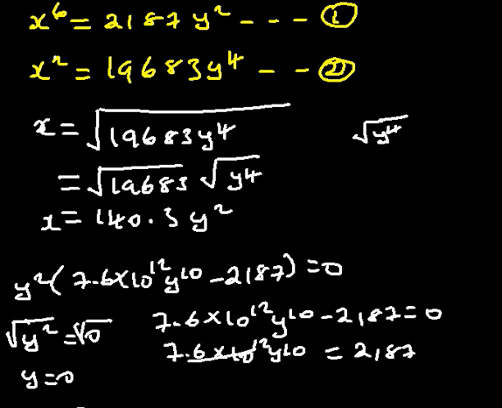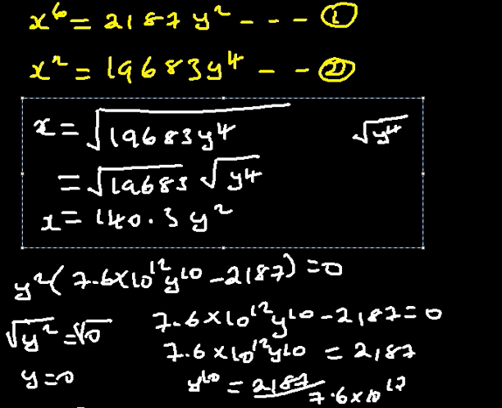Then I divide both sides by that, so y to the power 10 is equal to 2187 divided by 7.6 times 10 to the power positive 12.